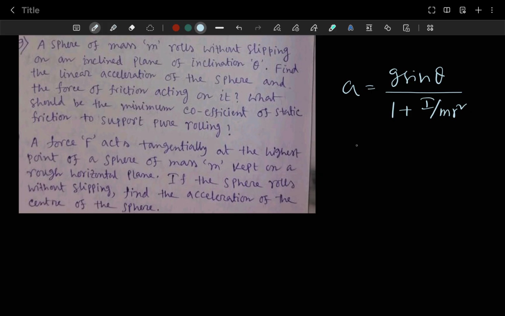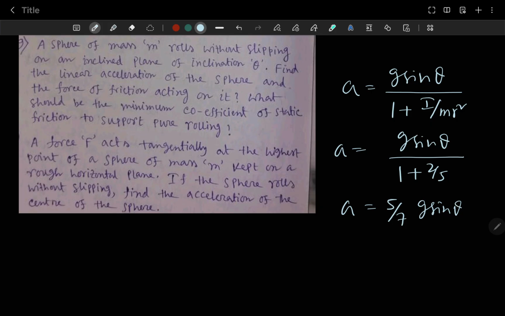So here we get that a will be, I for the solid sphere is 2 by 5 mr square. So g sine theta by 1 plus 2 by 5, so it is 7 by 5. So it is 5 by 7 g sine theta. Okay, fine.